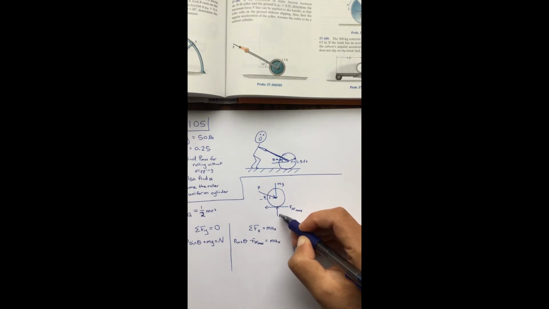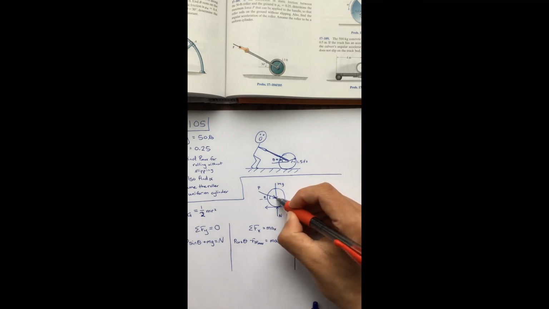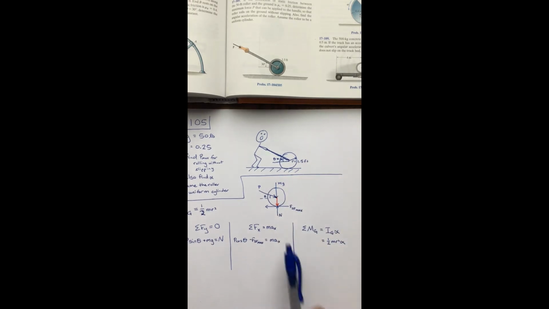So for n, you'd get 0 since the vector r, which goes from the point about which you're summing up your moments to where the force is being applied, is at an angle of 180 degrees to the normal force there. So you get 0 for the cross product. So then you just get r times the maximum value for the force of static friction for the sum of the moments.